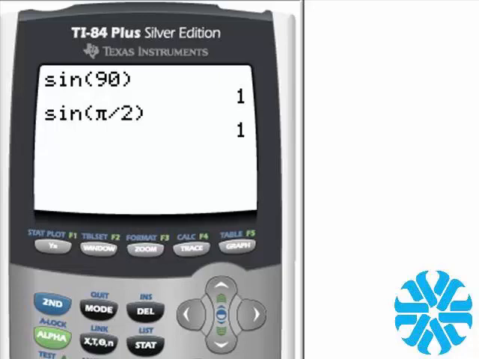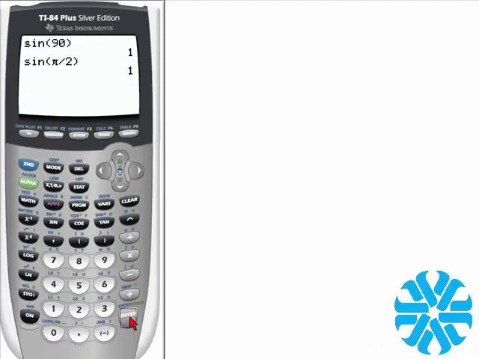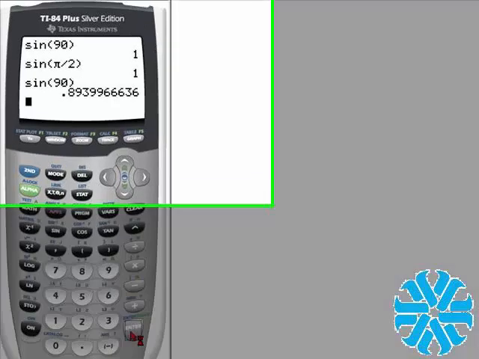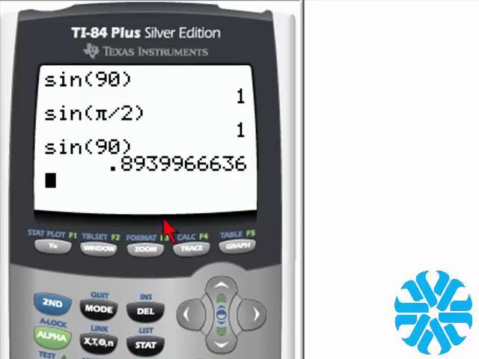Now let's just show that if we wanted to compute the sine of 90 degrees and we are in the wrong mode, we're in radian mode, you're going to get a wrong answer. So let's check that out. So the sine of 90 degrees will not give us 1. It will actually be showing us the answer of the sine of 90 radians, which is equal to this value right here.